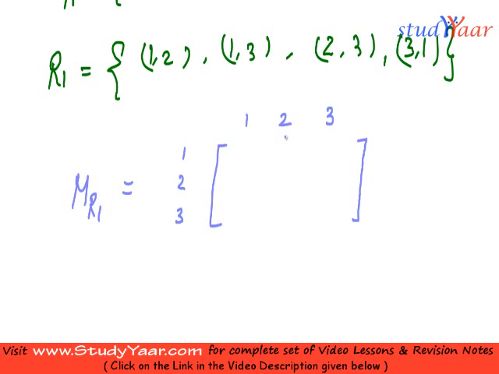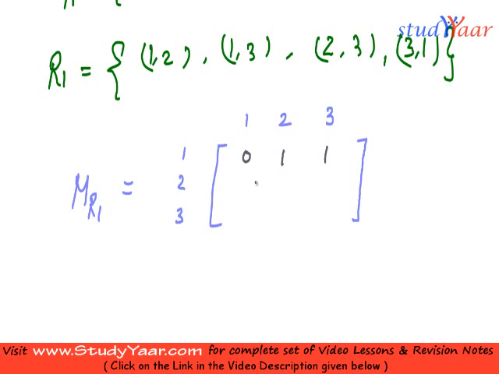Now M11, which basically says 1 comma 1. 1 comma 1 is not a part of this, therefore this is 0. 1 comma 2 is a part of R1, therefore this is 1. 1 comma 3, again this is part of R1, therefore this is 1.